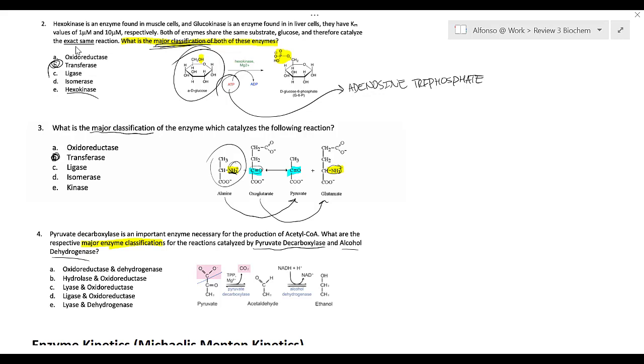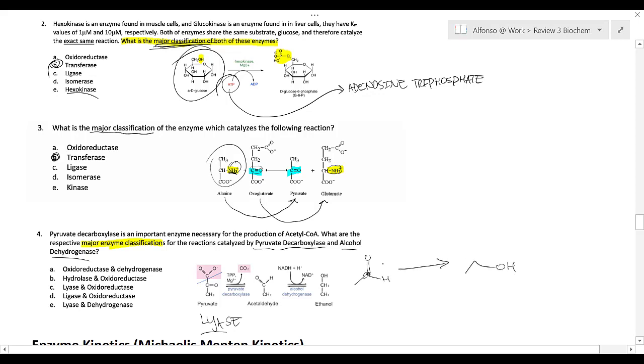That would be a lyase. And so pyruvate is turned into acetaldehyde, so it loses this CO2, and the cleavage happens without water, so therefore it's a lyase. And then you have acetaldehyde getting turned into ethanol. So what is happening to acetaldehyde as it gets turned into ethanol? Well, this carbon right here was actually reduced.